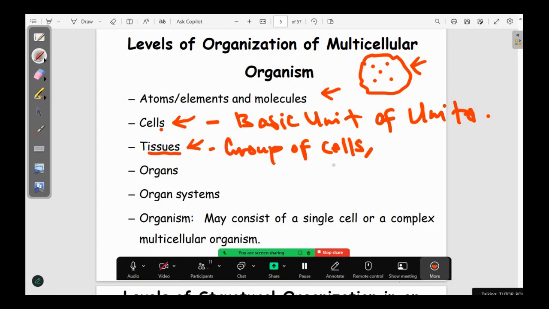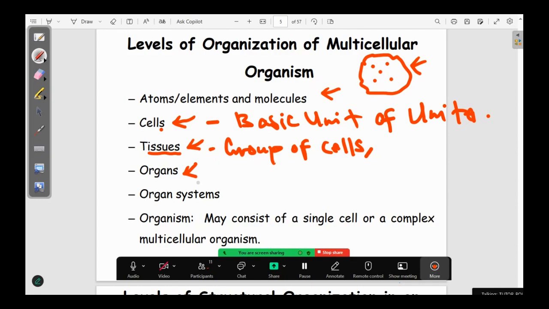And if you are majoring in medicine, you are going to learn even more details about how these tissues help in movement. When these tissues combine, they form what? Organs. Organs are structures made of different tissues performing specific functions.